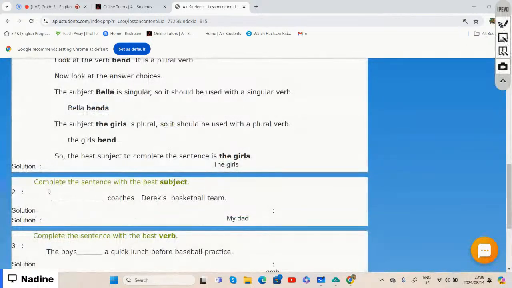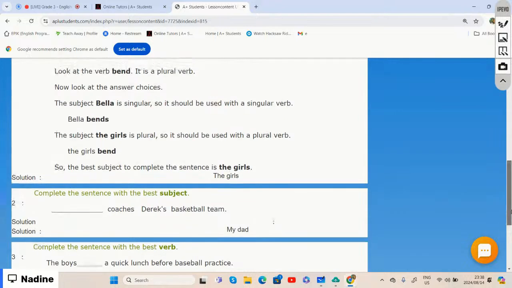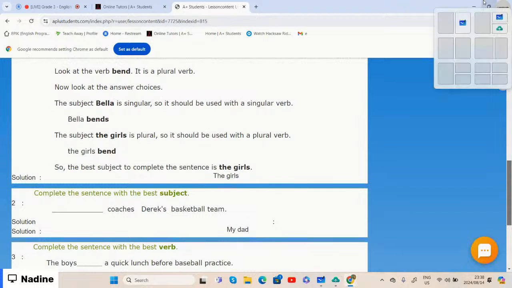All right, and then here we're just going to say my dad coaches, meaning it's one person that coaches. And then the last one, the boys. Do we say the boys grab or do we say the boys grabs a quick lunch before baseball practice?